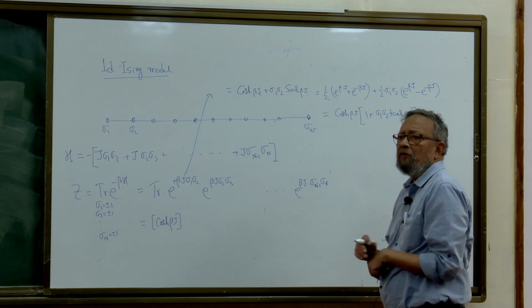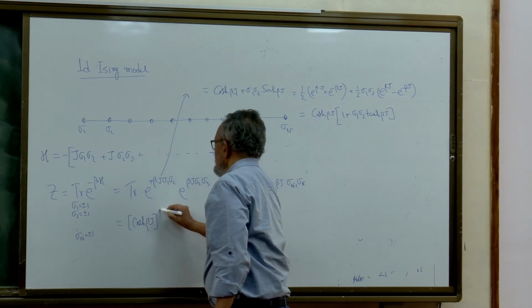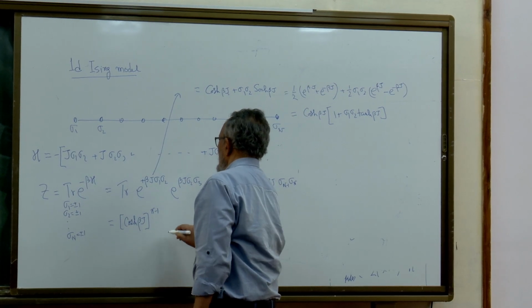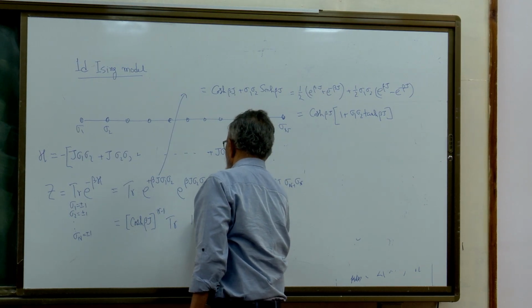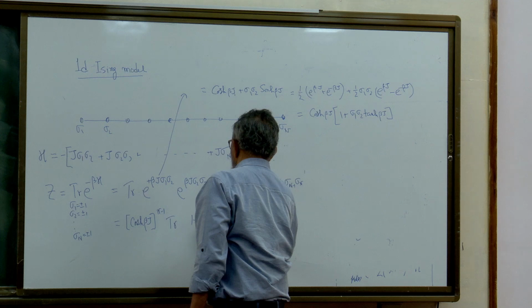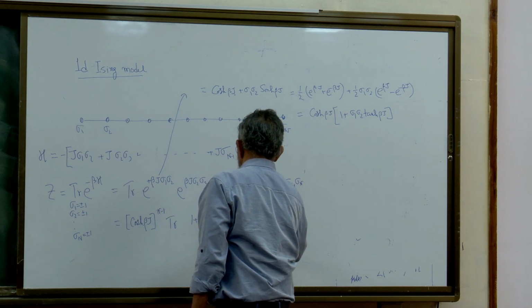How many bonds are there? N minus 1. So that's simple. And then you have the trace, and then you have 1 plus tanh beta J sigma 1 sigma 2.